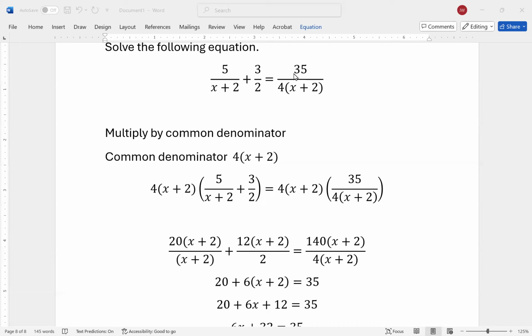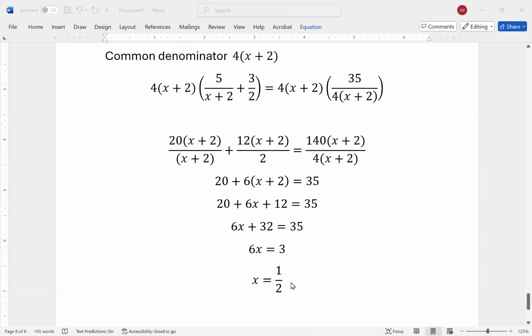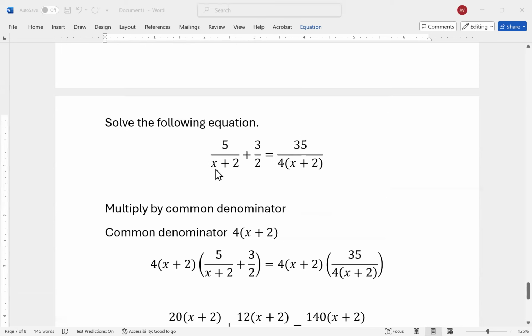So that's 35 divided by 10, which is also 3.5 on the right. So checking my answer confirms that I do get x equals 1/2 as the final answer to this linear equation. I should say this is the linear equation. Technically, we started with a rational equation.